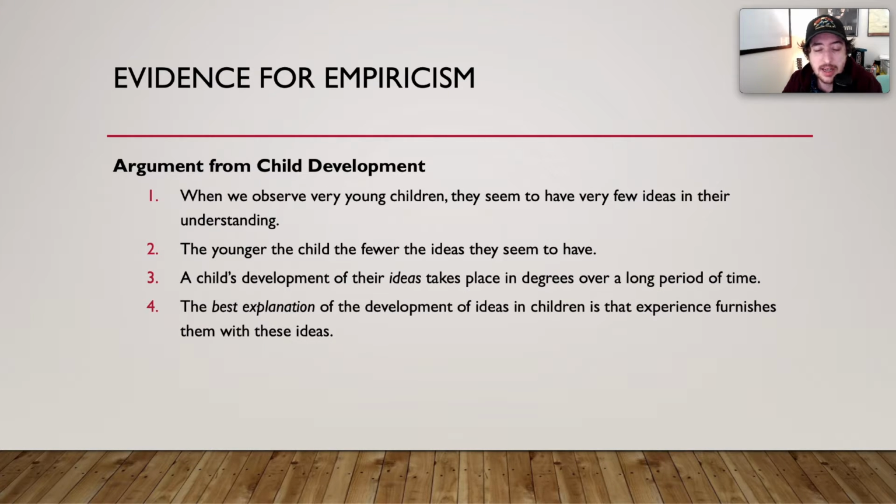Well, look, it takes time to gain experience with things. And so as you gain more experience through time, you would expect them to get more ideas as they get more experience. And so this makes perfect sense if experience is the source of our ideas. And since this is the best and simplest explanation, probably our ideas are furnished by experience.